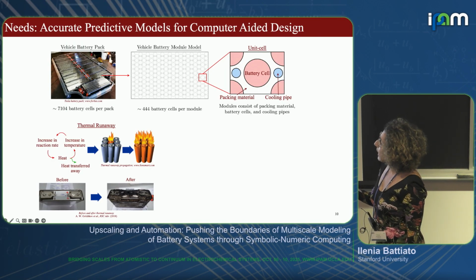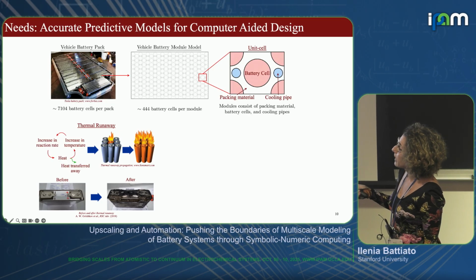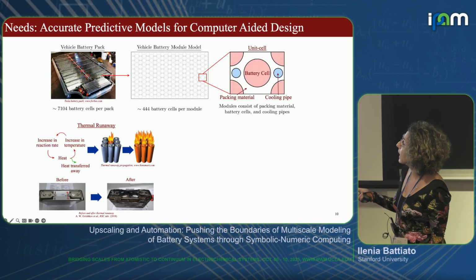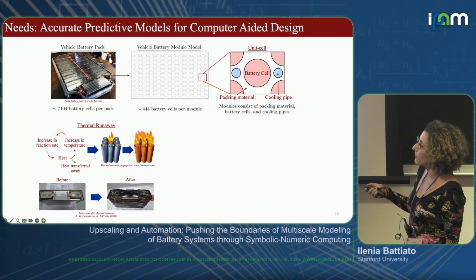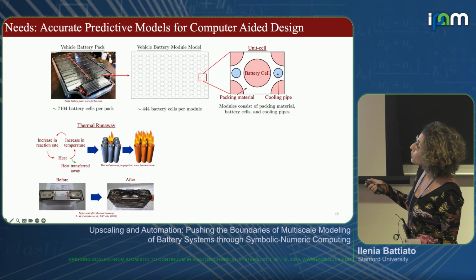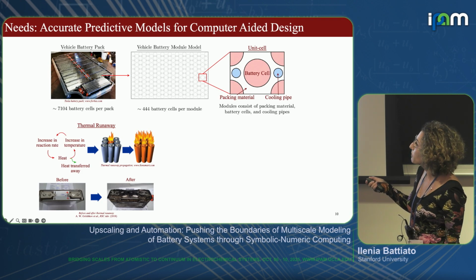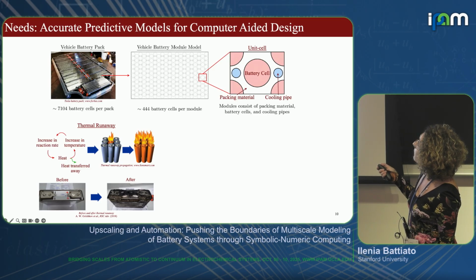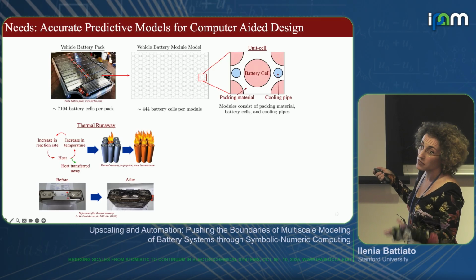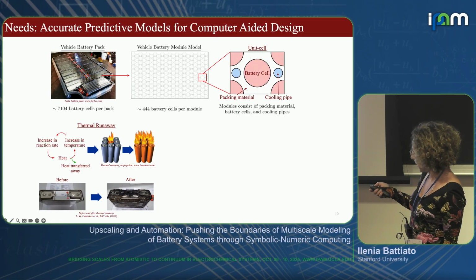And so the issue with this is that it's always the same, the curse of dimensionality. This is a Tesla battery pack. It contains about 7,000 battery cells. For each module, you have about 450 batteries, and this is the structure that you would see. The white part is a packing material, this is the battery cell, and this is just a conceptualization of the cooling pipes.